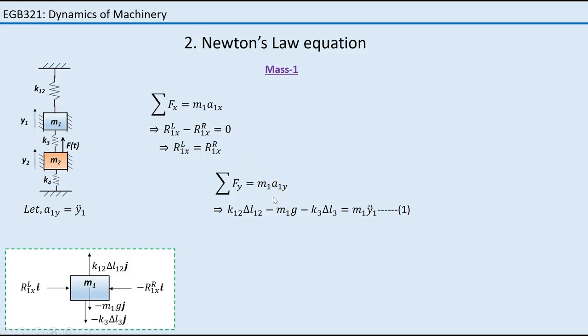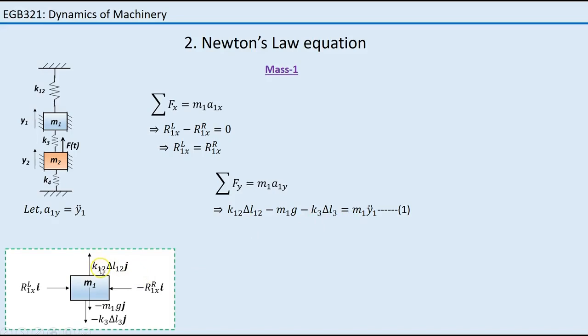In case of summation of vertical forces, we have summation of Fy equals M1 a1y. Now for this acceleration, we consider that the vertical displacement of mass 1 is y1, so the acceleration is the second derivative of y1, and we can say that this is equal to a1y.